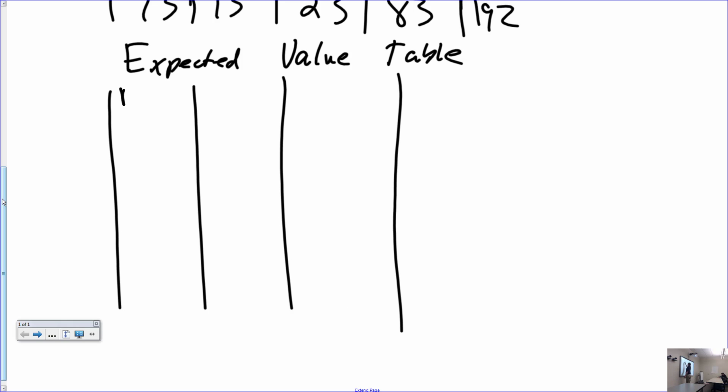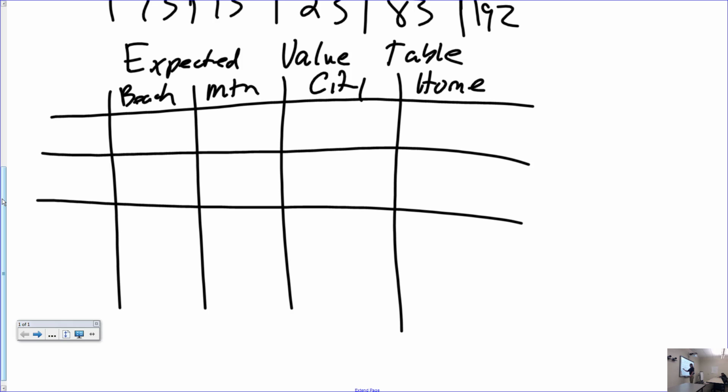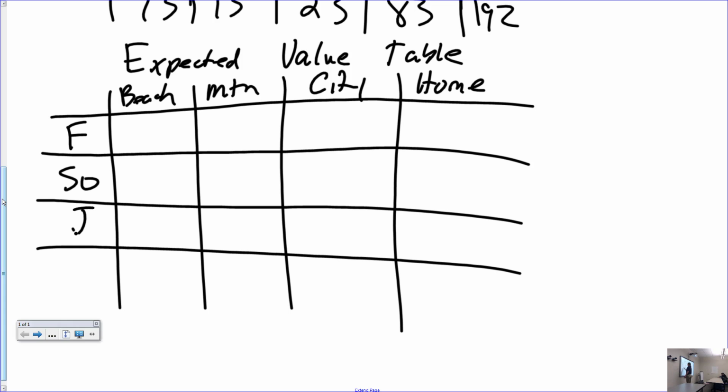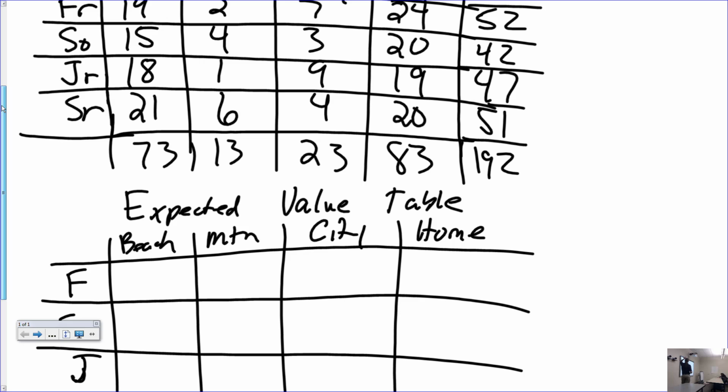So what was it again? Beach, mountain, city, home, and freshman, sophomore, junior, senior, right? Alright. Now, how do I fill these boxes in, folks?